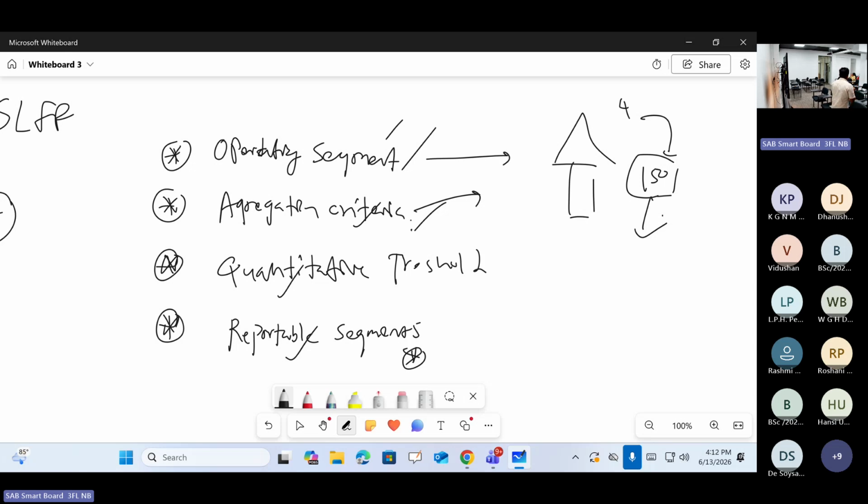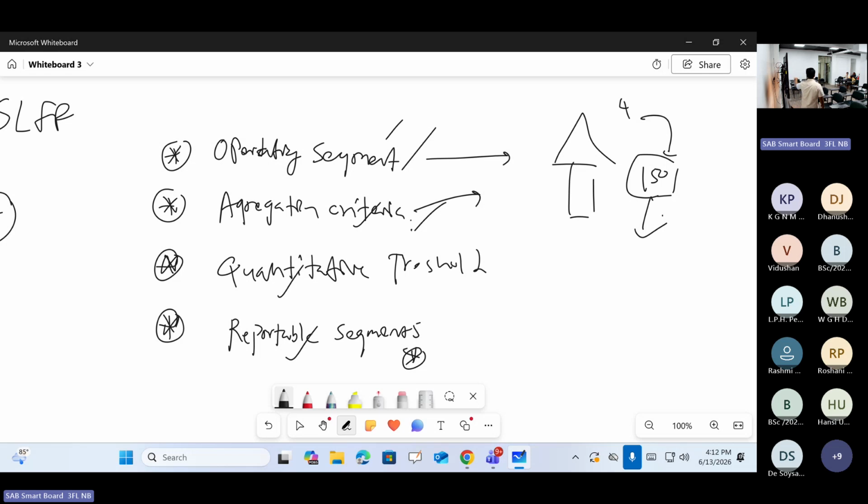You are producing sometimes fresh milk, yogurt, ice cream, and some tea toffee or milk toffee, I don't know, or some sweet items. Different items are there, right? So you are going to aggregate. To do that, in the standard, we are having aggregation criteria. Why? So that you can combine and present them.